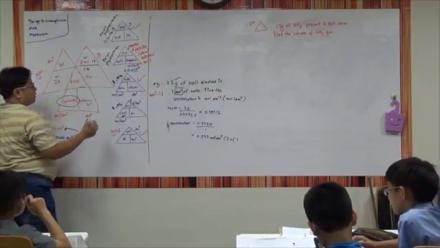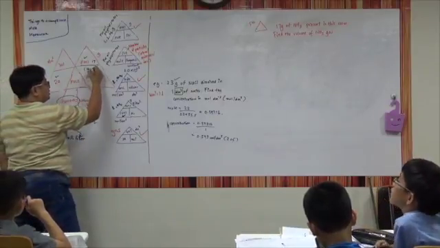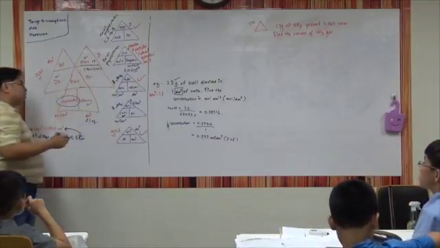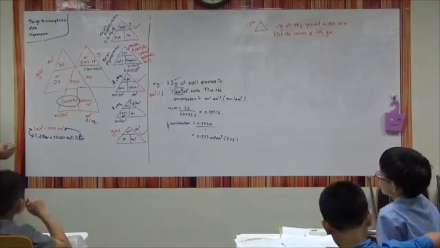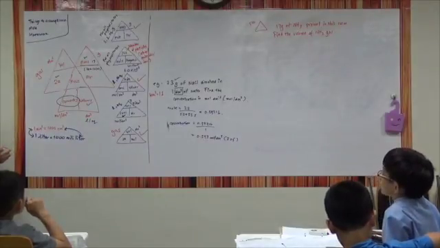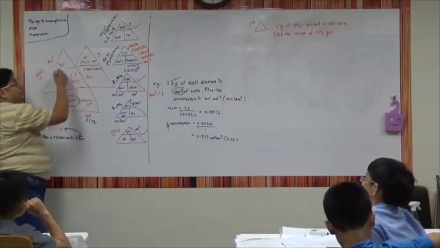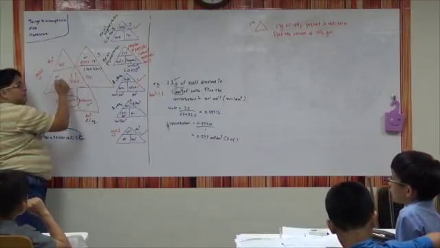What is the MR for hydrogen? 1, and 1. So 17 divided by 17 is still 1. So it's 1 mole. So what's the volume? 1 times 24.